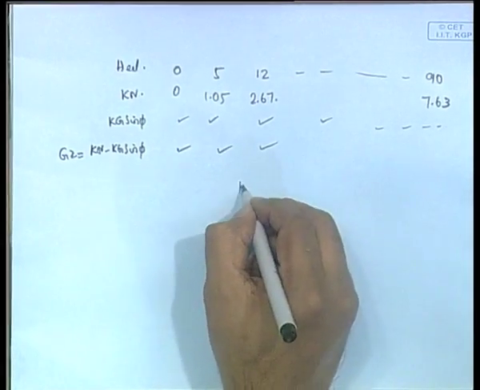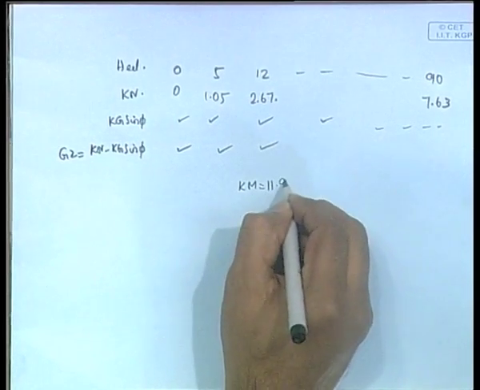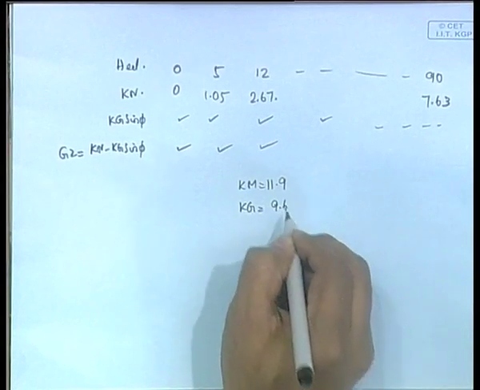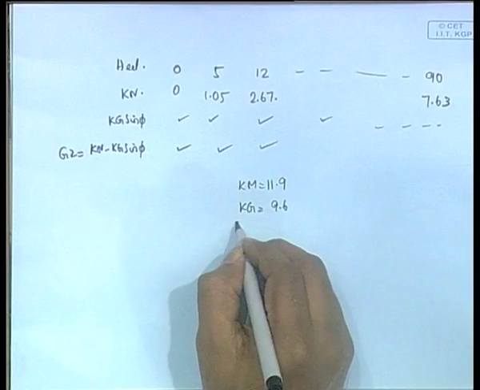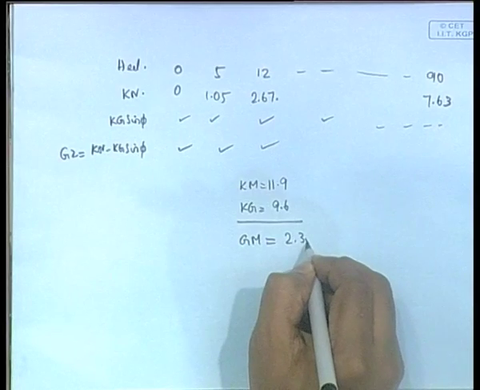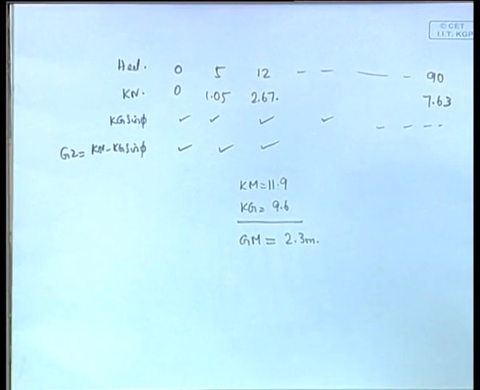Then you are given KM is equal to 11.9, then KG is equal to 9.6. Therefore, you find GM, KM minus KG, 2.3. Actually, I think there is a rule regarding GM also.